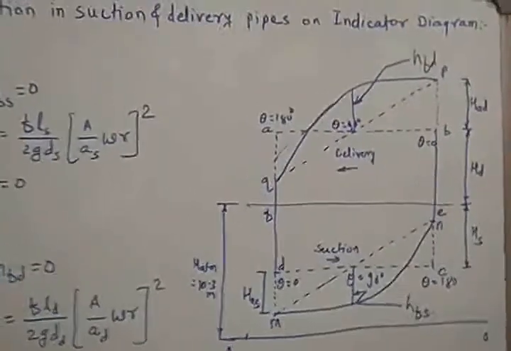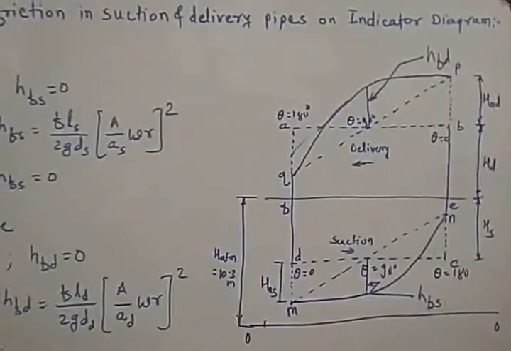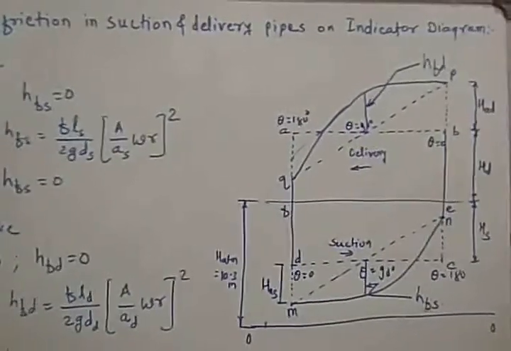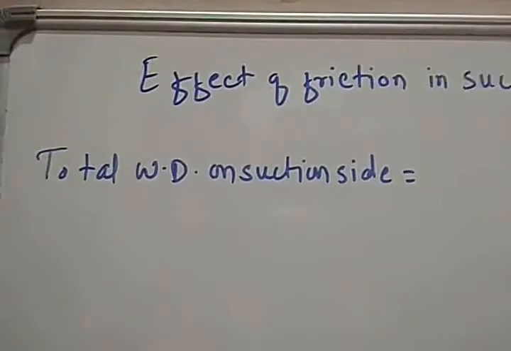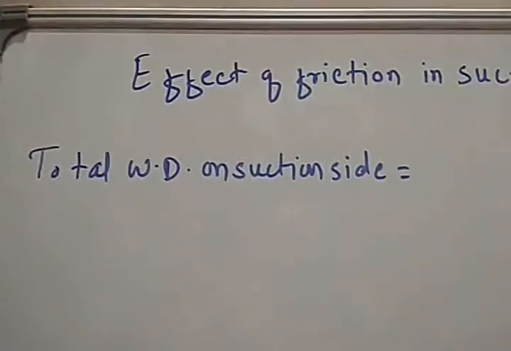Now we'll see what the work done is, because the indicator diagram gives us the work done by a reciprocating pump. So we'll find that work done over here. First, we find the total work done on the suction side.